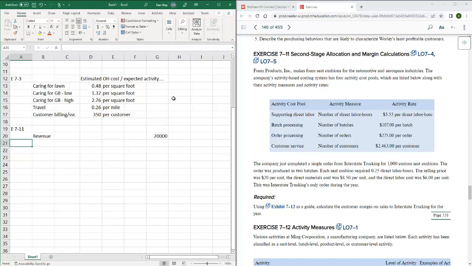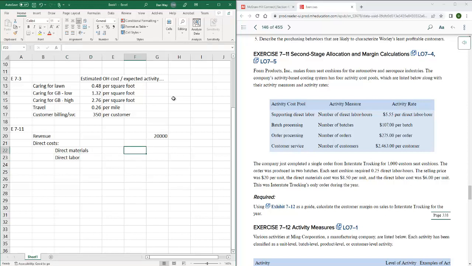Now, the first thing we want to deduct from that in terms of figuring out this customer margin is all the direct costs. So I'm even going to just say direct costs first. We've got some direct materials, and we also know a little bit about direct labor.